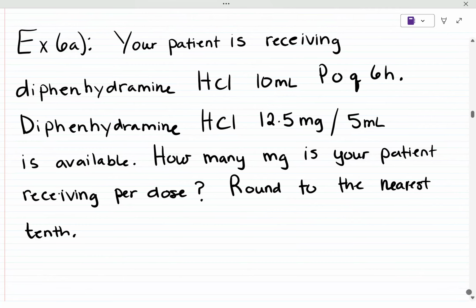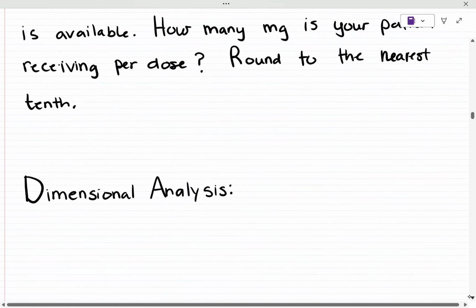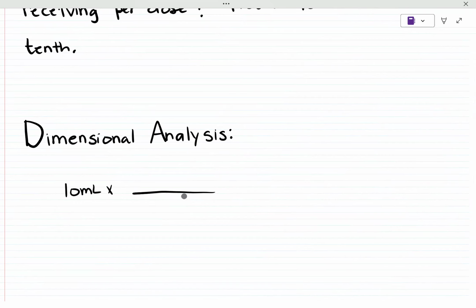So how many milligrams? Our final answer has to be milligrams. Do we have to do a double conversion? I don't think so. Let's start with dimensional analysis. We start with 10 milliliters times a fraction, with milliliters on the bottom and milligrams on top.